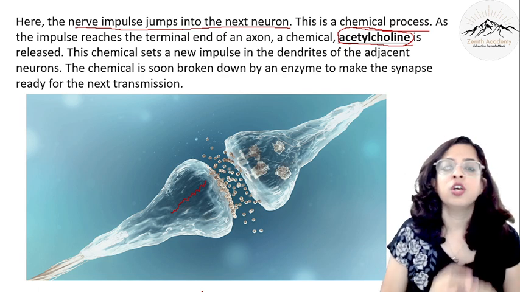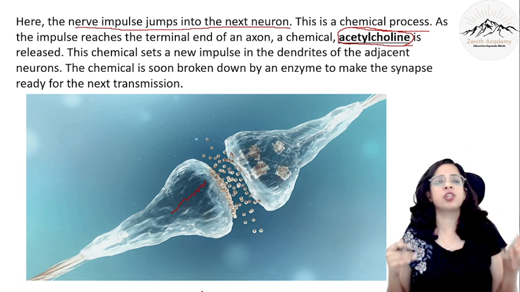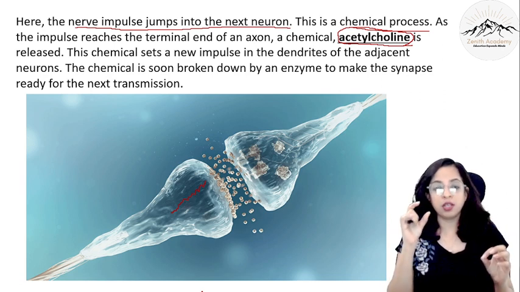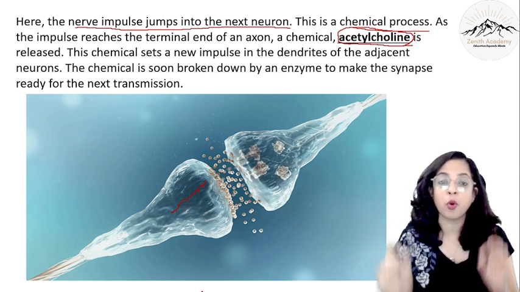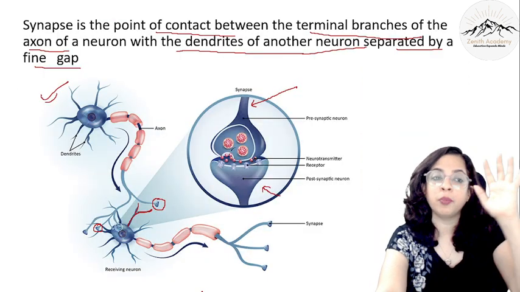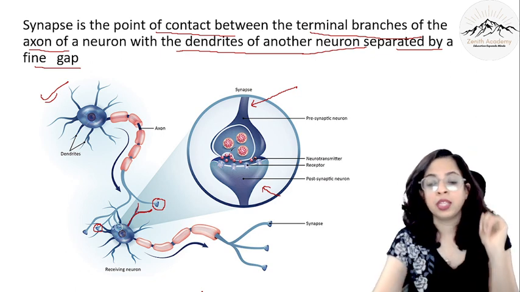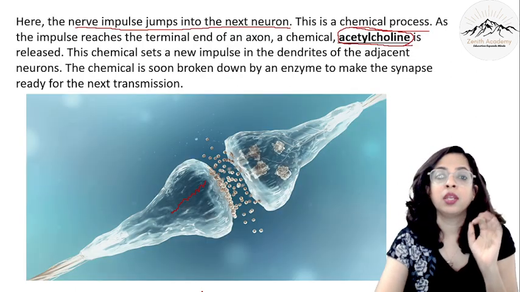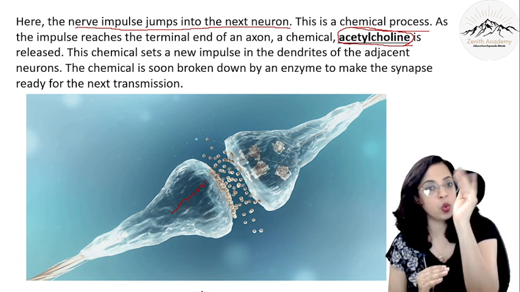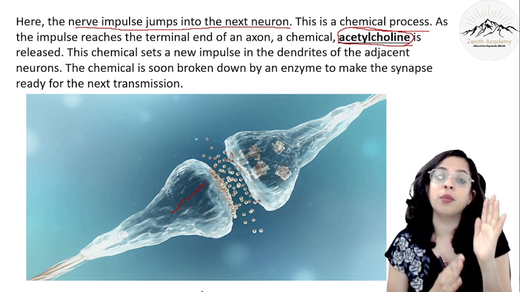Have you understood? Don't be confused. You just have to remember the role of the synapse. Synapse is a point of contact between the terminal branches of one axon and the dendrites of the other neuron. They are separated by a fine gap. Here the nerve impulse from this one will jump into the next neuron, and this is a chemical process.